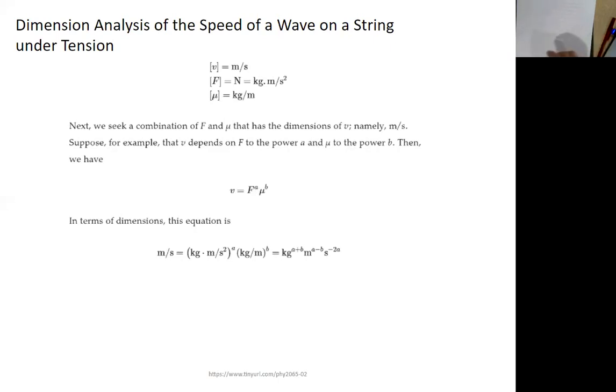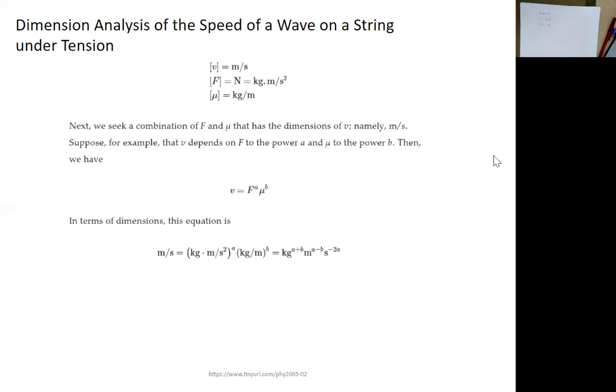On the left-hand side, meters has a power of 1, just meters to the 1 power. Now the power for meters is A minus B on the right-hand side, so that means A minus B equals 1. On the left-hand side, the second is in the denominator, which means the power for the second is minus 1. So then minus 1 equals minus 2A, right?